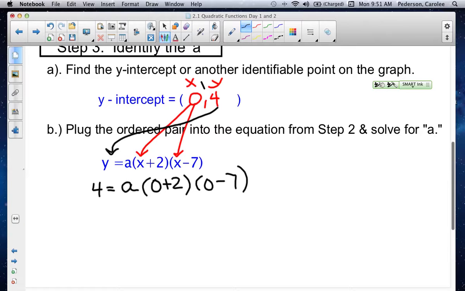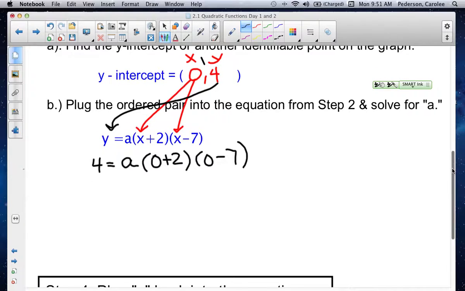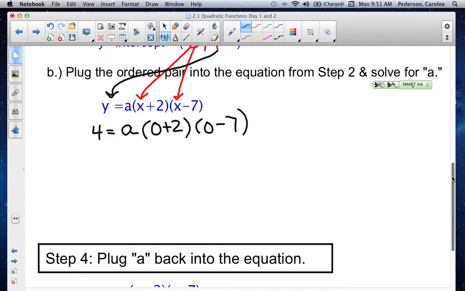So let's reduce those parentheses. So 0 plus 2 is 2. 0 minus 7 is negative 7. What's the next step to solve for A? What would we do next to solve for A?